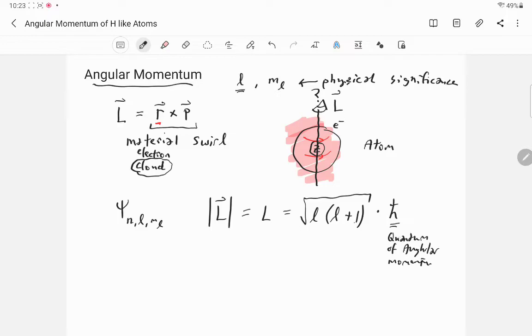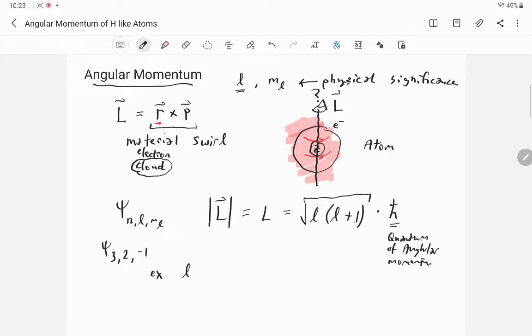Okay, so Planck's constant is referred to as the quantum of angular momentum. Another way that people say what Planck's constant is, it's the quantum of action, where action is a very special physics word. But here we'll just think of it as the quantum of angular momentum. So as an example, what if we were studying the state n equals 3, L equals 2, and m sub L equals, for example, -1?